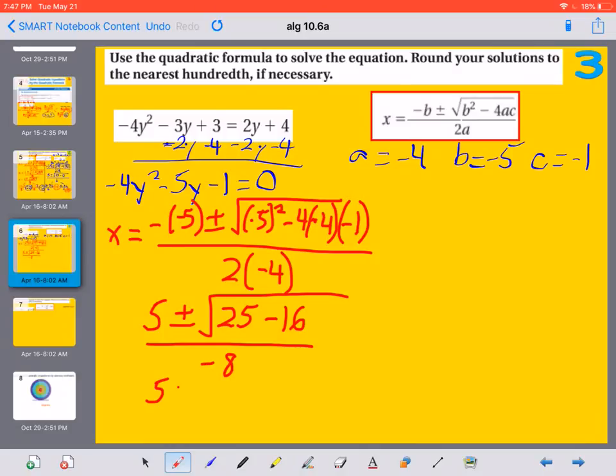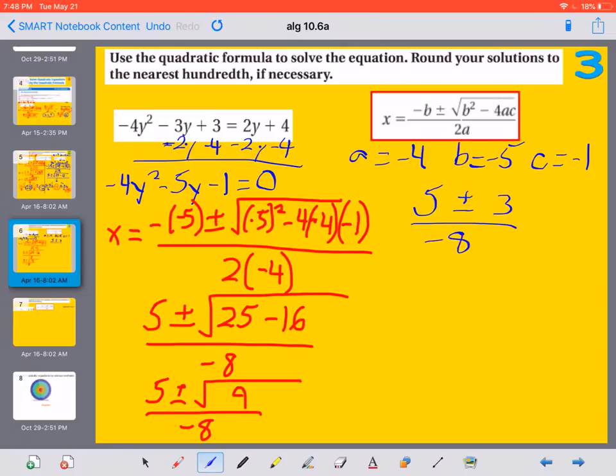That's going to give me 5 plus or minus the square root of 9 over negative 8. So the square root of 9 is 3. So we'll have 5 plus or minus 3 divided by negative 8.